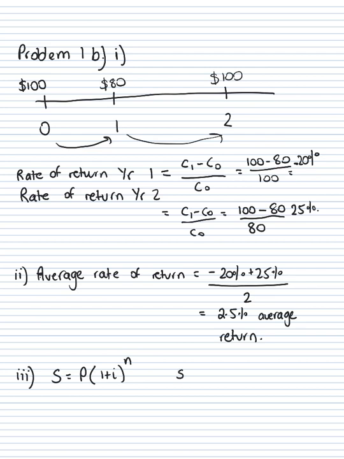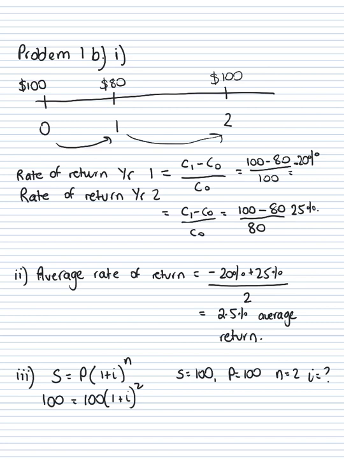So S is 100, P is 100, N is 2, and I is what we're trying to find. So 100 equals 100 outside of 1 plus I squared.